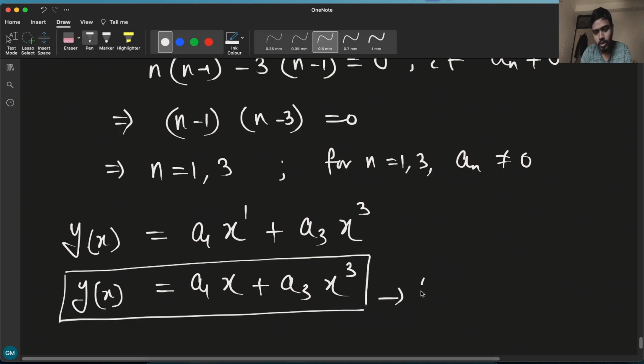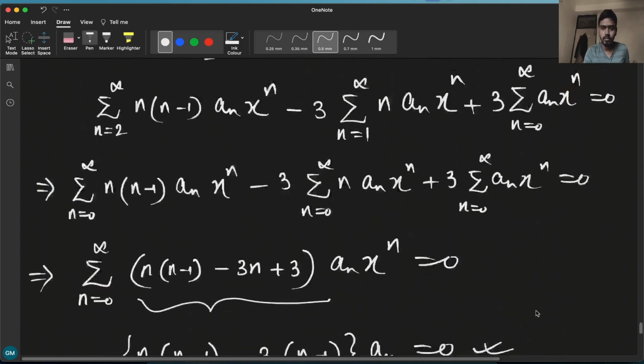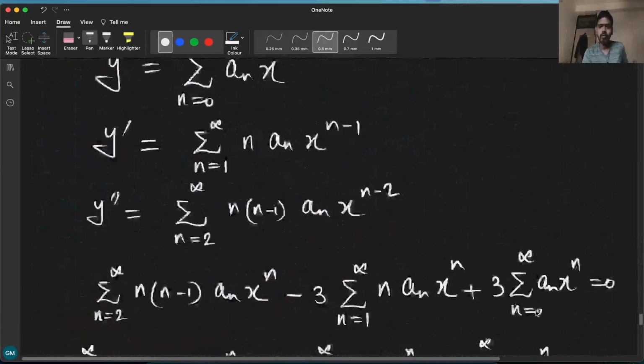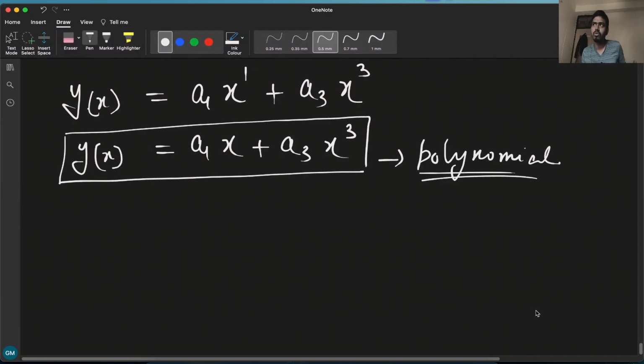So it's a polynomial. Okay, so this is how we have to solve. We can get the series solution of differential equations.